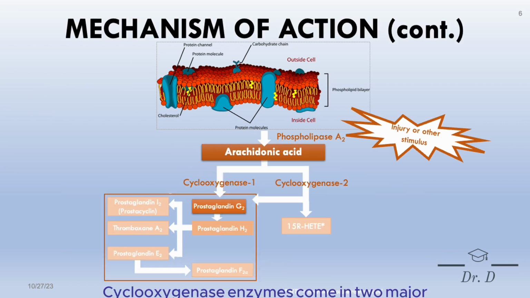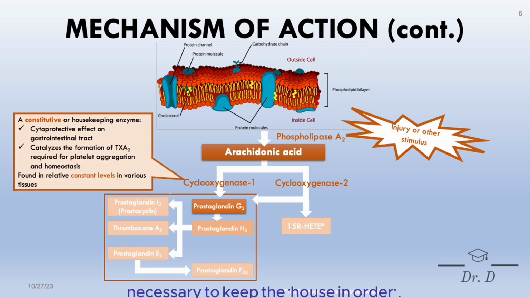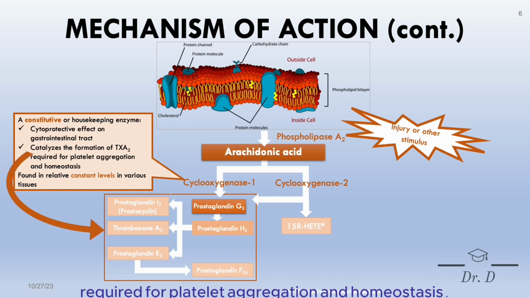Cyclooxygenase enzymes come in two major isoforms in the arachidonic acid pathway, COX-1 and COX-2. COX-1 is a constitutive enzyme necessary to keep the house in order. It has a cytoprotective effect on the GI tract and catalyzes the formation of thromboxane A2 required for platelet aggregation and homeostasis.